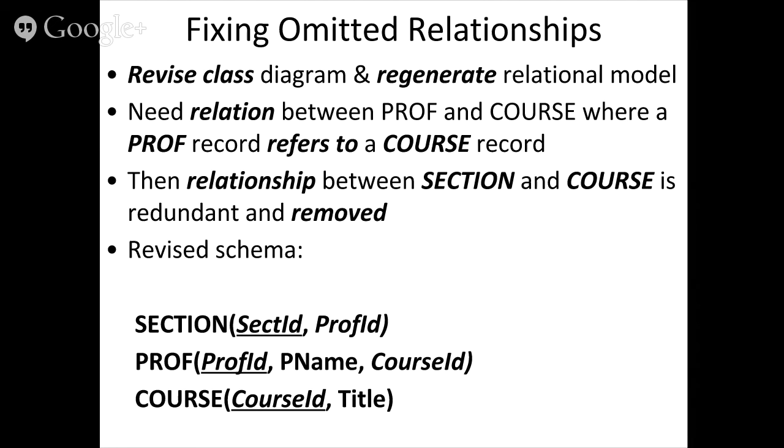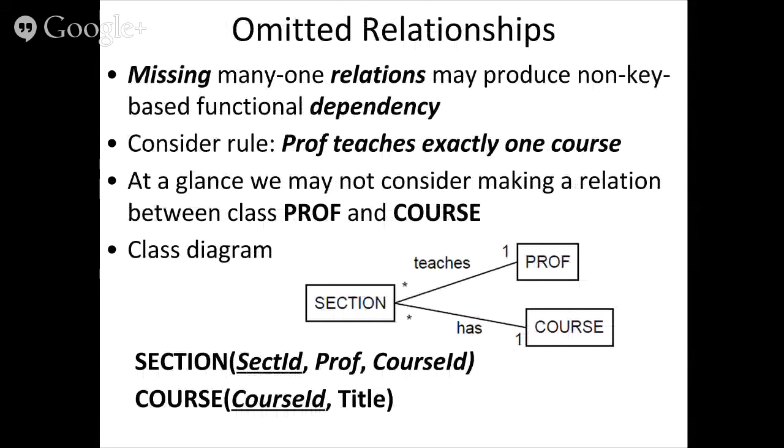But notice that we have removed the relationship between the section and the course. We used to have that relationship, and we're going to remove it. Instead, we're going to move this relationship into the professor table. So we remove this, and instead we go this way.